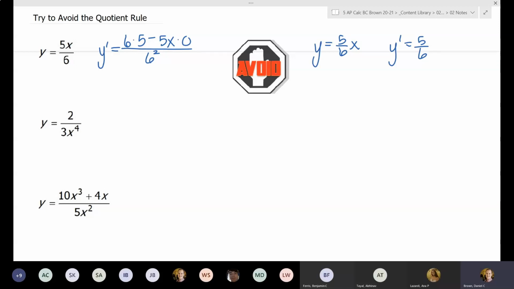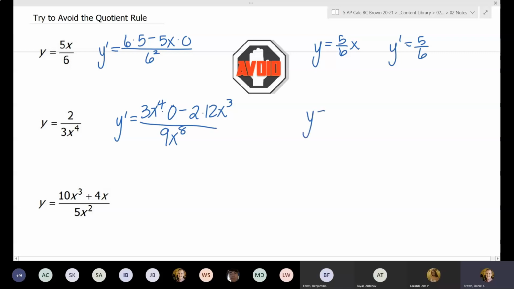Same thing for the second one. You could do the quotient rule. It's not a very pretty problem, but we have low D high, less high D low. Draw the line, and down below the bottom squared will go. And then you simplify that. But being a calculus student, you know that there's going to be an easier way to do that problem.